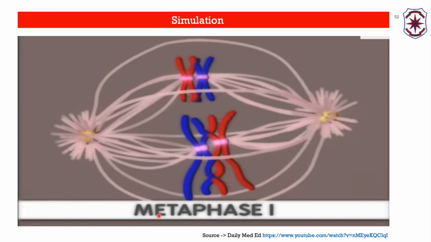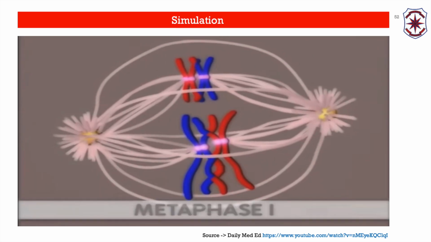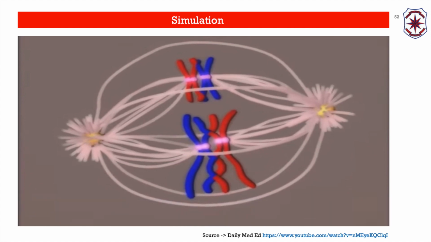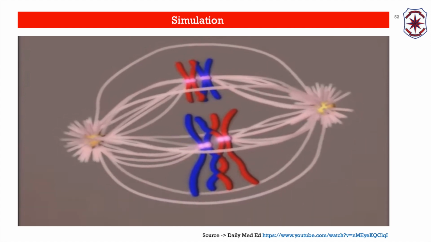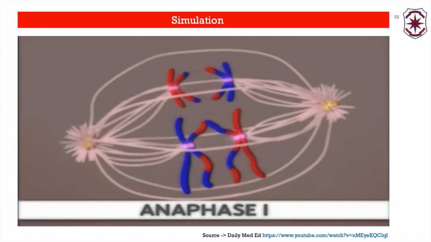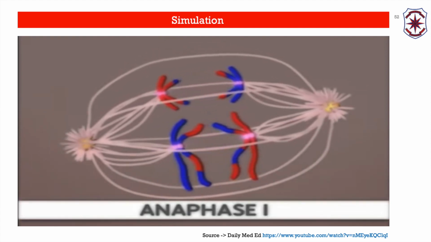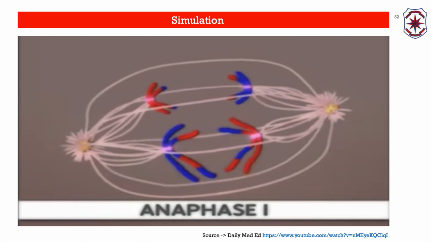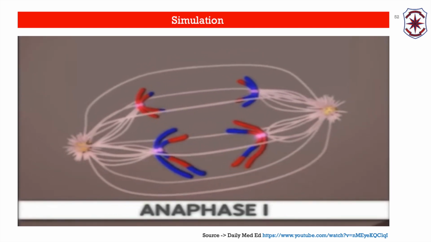When they contract, whole chromosomes will be pulled, guys, not pushed, pulled to the opposite poles of the cell. Let's see if that's going to happen. So the spindle fibers are contracting and whole chromosomes are being pulled to the opposite poles of the cell. That's what happens during anaphase 1.